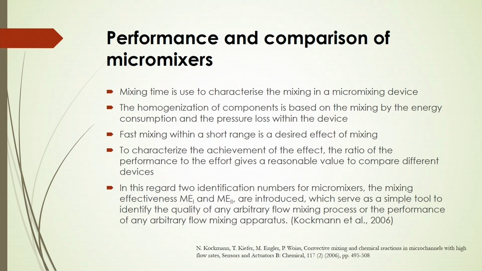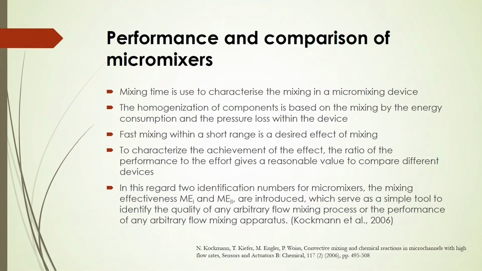To characterize the achievement of the effects, the ratio of performance to effort gives a reasonable value to compare different devices. In this regard, as identification numbers for micromixers, the mixing effectiveness ME1 and ME2 were introduced by Kockmann et al. in 2000.